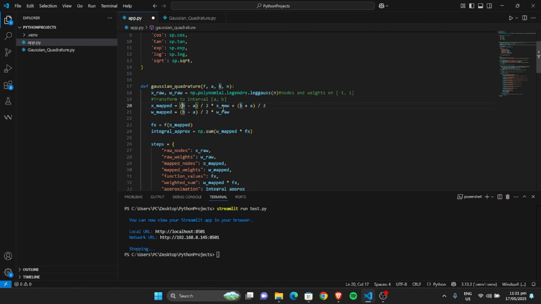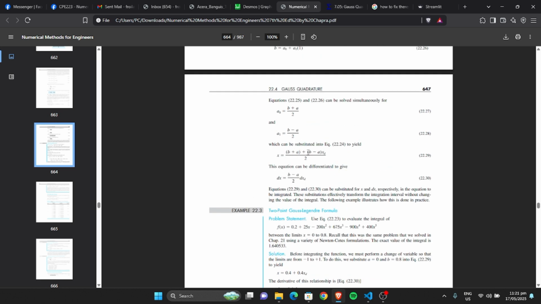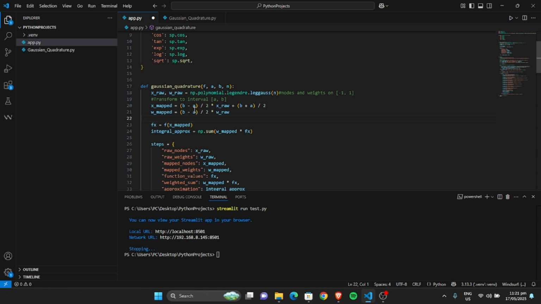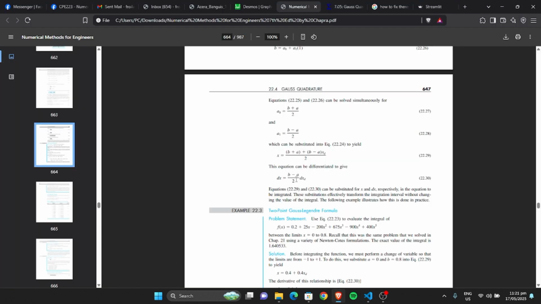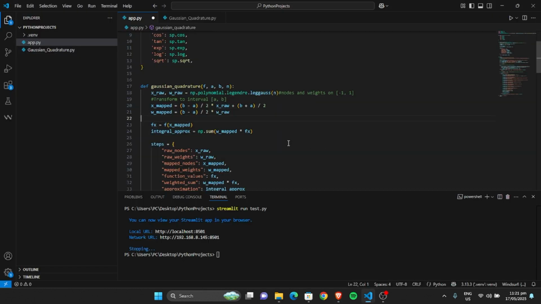This formula is based on this formula in the book: x equals (b plus a) plus (b minus a) x over 2, where (b minus a) over 2 means x row, then (b plus a) over 2. And we also have the w map, which is from this formula also, (b minus a) over 2 dx.